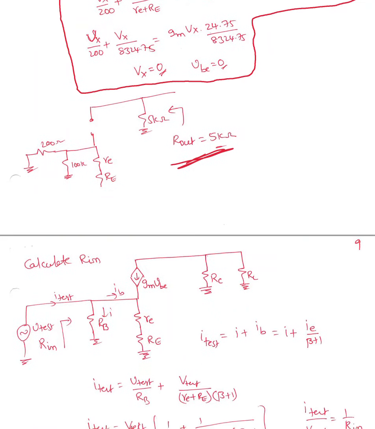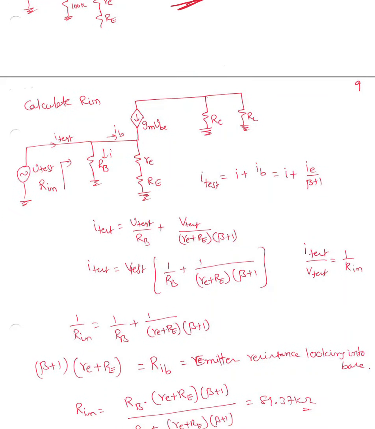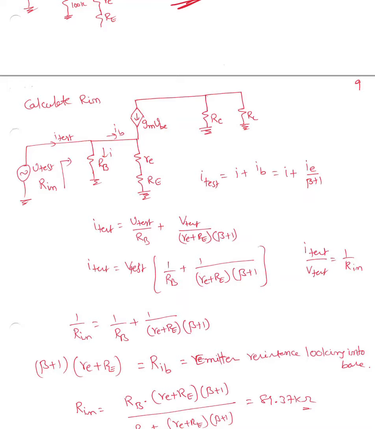Input resistance. I showed many calculations here, but the simple way to find the input resistance is to move this resistance towards the base side. When we move that, all you need to do is multiply by beta plus 1. I'm calling it the emitter resistance looking into the base side, RIB.